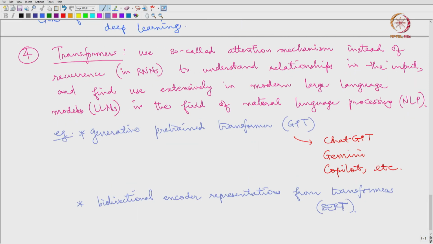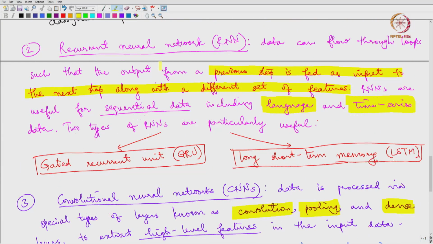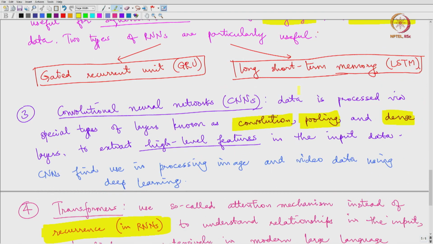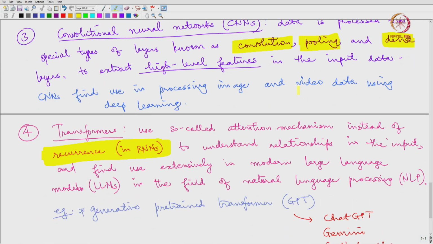Okay. The main idea here is that instead of recurrence, wherein you pass the data through a loop, which is what we discussed in recurrent neural networks, RNNs, where data from the previous step was fed as input to the next step along with a different set of features, here we use what is known as attention, so that we try to find the relationship between every word in a paragraph, for example, with every other word.